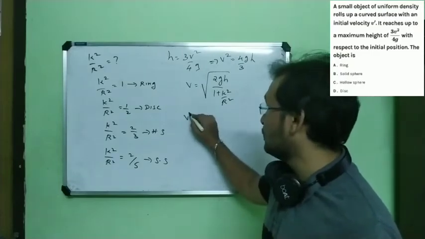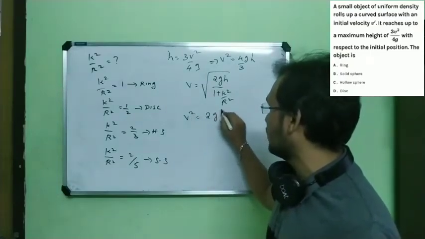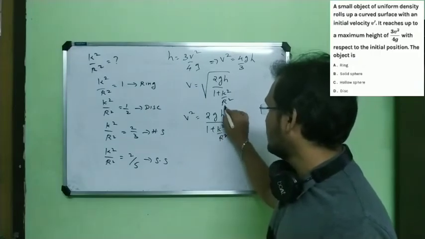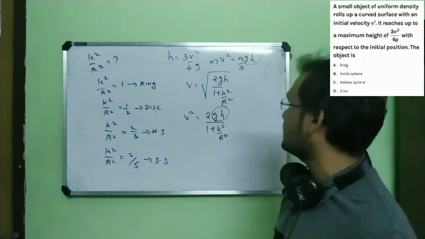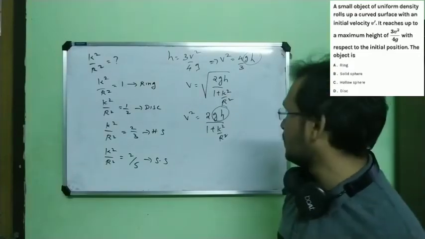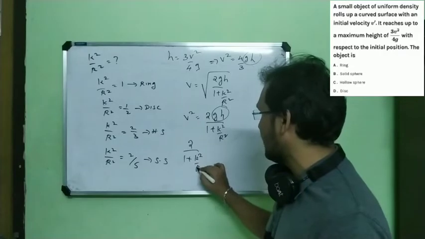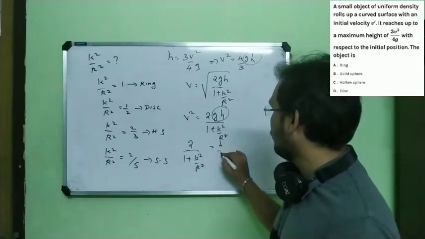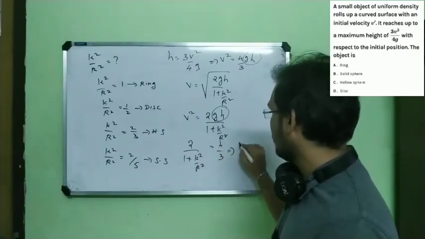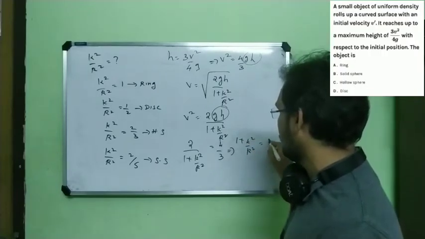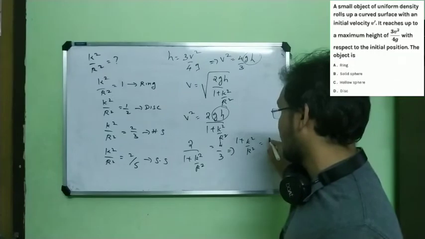This is the general equation for velocity for a body rolling without slipping. If you square both sides, v square equals 2gh by 1 plus k square by r square. Just compare the coefficient of gh. What you will get: 2 by 1 plus k square by r square equals 4 by 3, or 1 plus k square by r square equals 3 by 2.